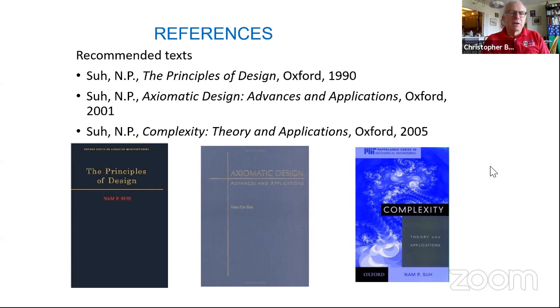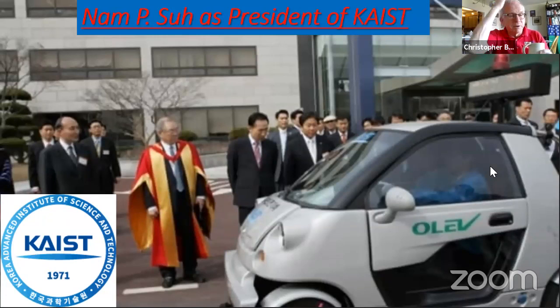And so it was difficult publishing papers, easier just to go out and do a book. I believe especially The Principles of Design, the 1990 book, is very special. All right, so Suh, after he leaves MIT for a short time to head the manufacturing directorate at the National Science Foundation.